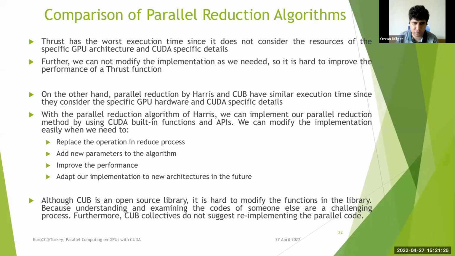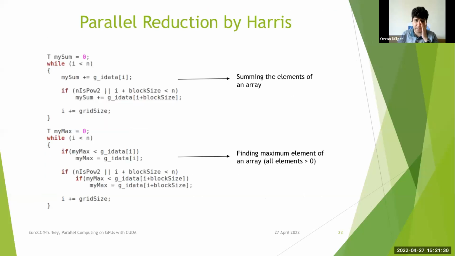I want to show you some modifications for your code here. The parallel reduction by arrays. This is the original one that I told you. The elements are summed over the block here, or the summation is executed. If you want to find the maximum of an element in an array, assume all the elements in the array are greater than 0.